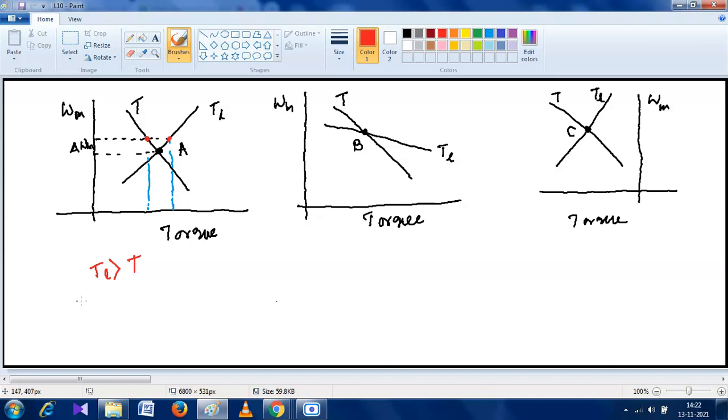The speed of the system decreases, the machine goes down slowly and comes to a point. So we say that A is a stable equilibrium point.